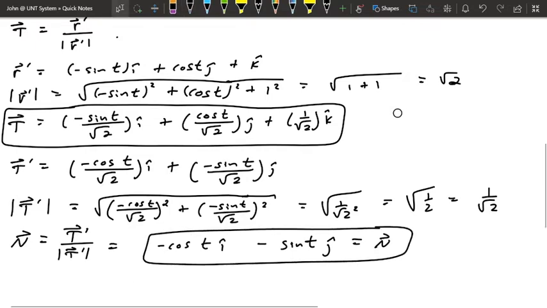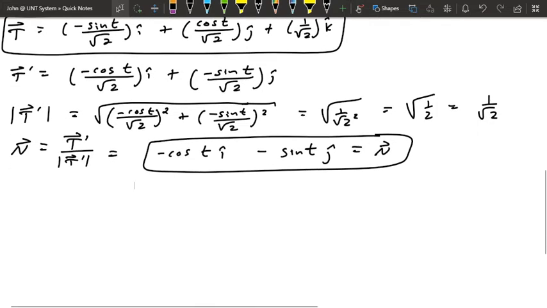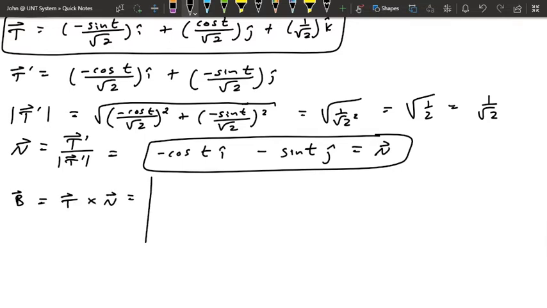And then the binormal would be T cross N, which is the determinant, i, j, k.